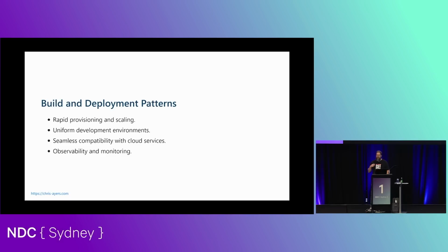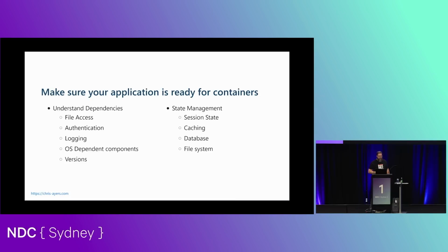You want to be able to isolate things, have repeatability and consistent testing. You want to be able to work with all those various cloud services and be able to know what's going on in your system. So it starts going into monitoring and observability. OpenTelemetry is a big topic that comes up when you're talking about these type of scales.